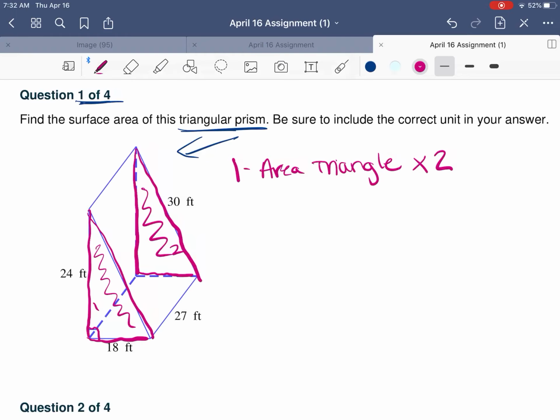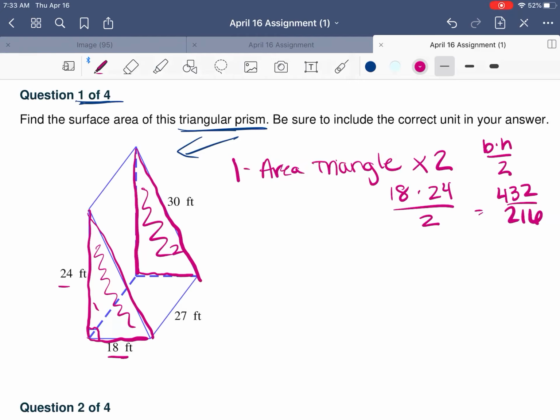Remember, the area of the triangle is base times height divided by 2. I can tell that my base is 18 and my height is 24 for that one. So I will times those together and divide them by 2. The top is 432, and if I divide that by 2, I get 216.